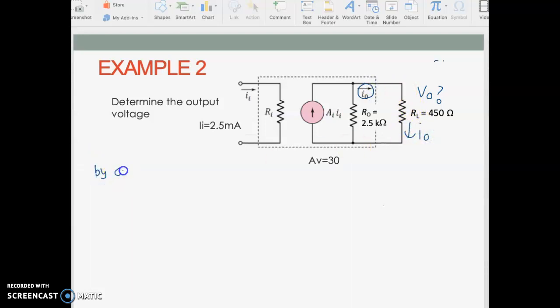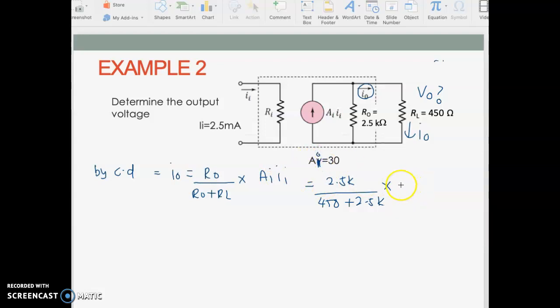By using the current divider, Iout equals the opposite resistance Rout divided by Rout plus RL, multiplied by Ai times Iin. So Rout is 2.5k divided by 450 plus 2.5k, multiplied by the gain, Ai, which is given in the question as 30, and then the input current. And then you can get the value of Iout.